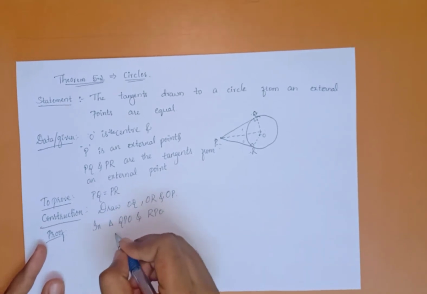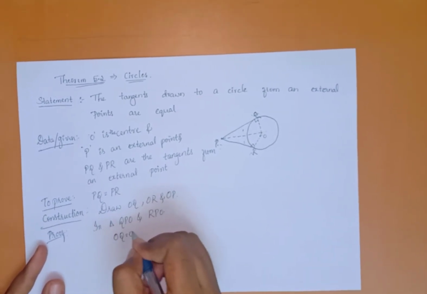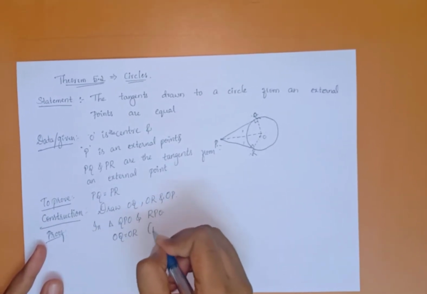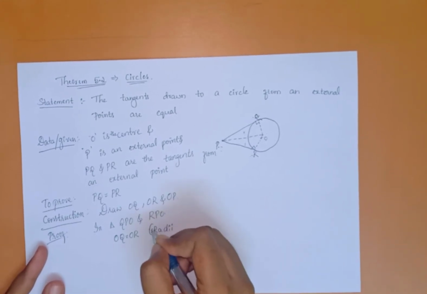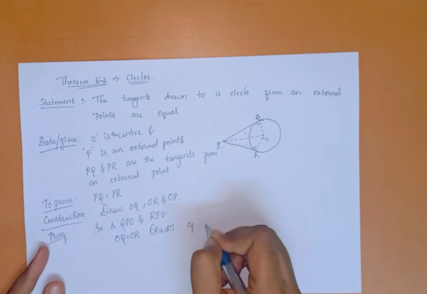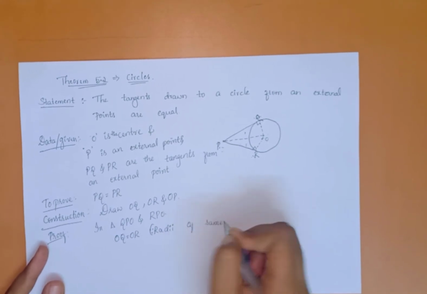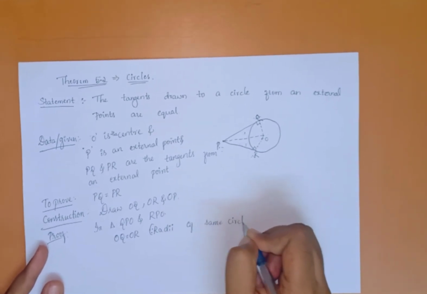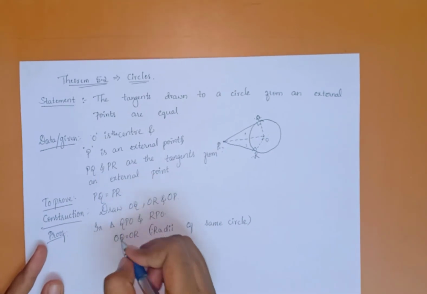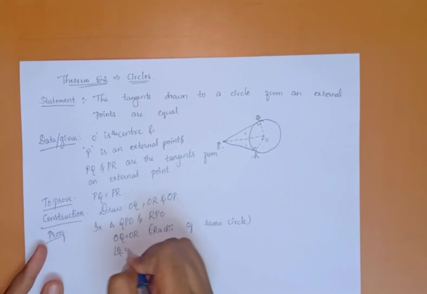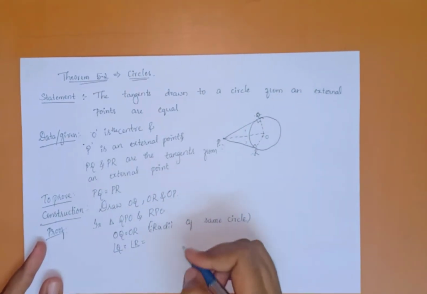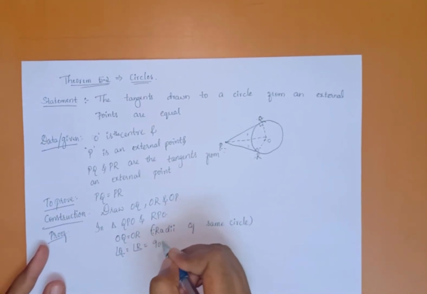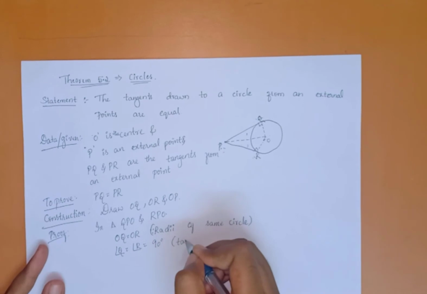So I'll take OQ equal to OR, and the reason is radii of the same circle. Angle Q is equal to angle R because it's perpendicular. Perpendicular means, as I said in the last class also, it's 90 degrees. So what is the reason?